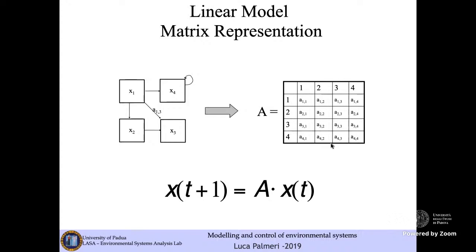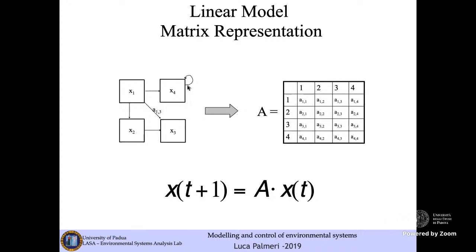The immediate, trivial advantage is that if we describe the states of the system by the vector x at time t, so this x is x1, x2, x3, and x4 at time t, so it is a vector, then by the algebra of matrices, the matrix representing interactions between these four elements, with a row by column product, you obtain the evolution of the state vector, so the state of the system at time t plus 1, as a simple row by column product of matrix A times the state vector x at time t. Is it clear? Do you have any question?